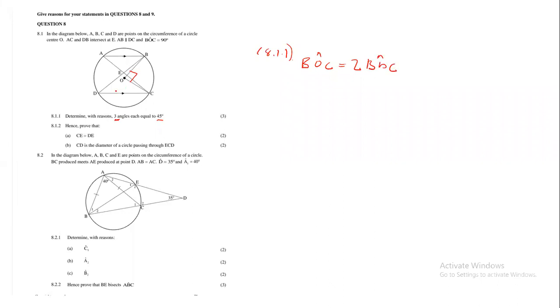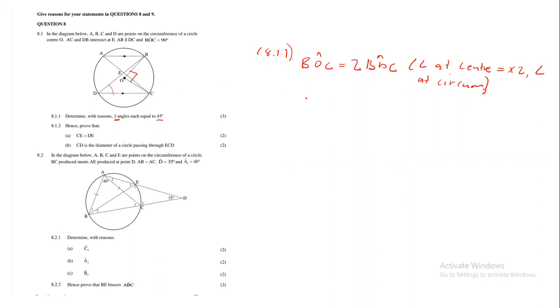Why do we say this angle is twice this angle? It's because angle at center is twice angle at circumference. Therefore, what is B angle OC?